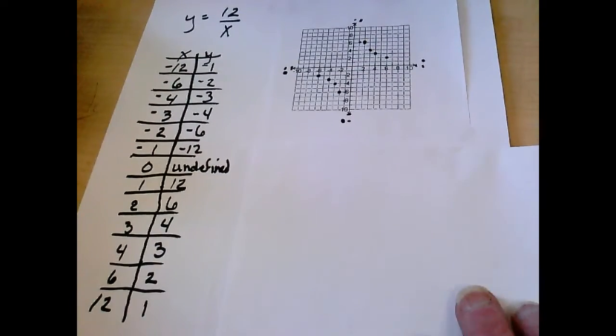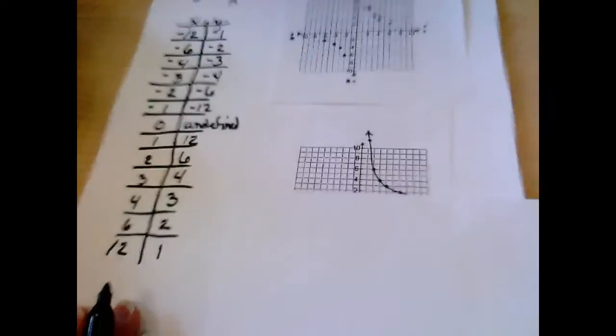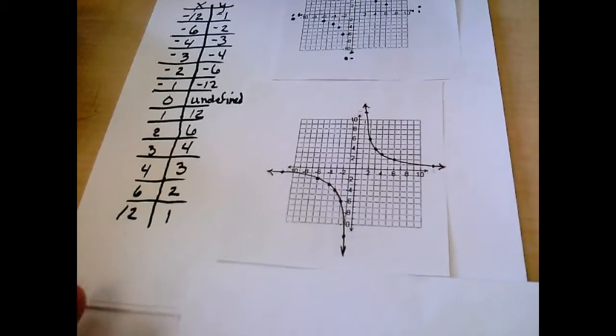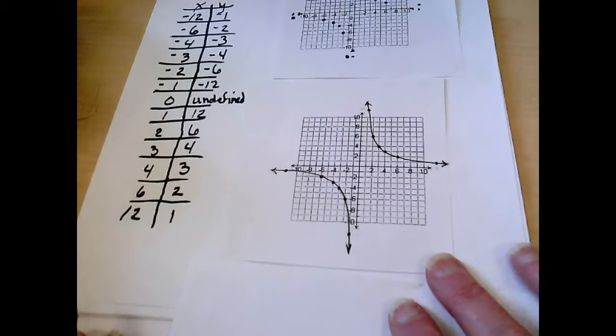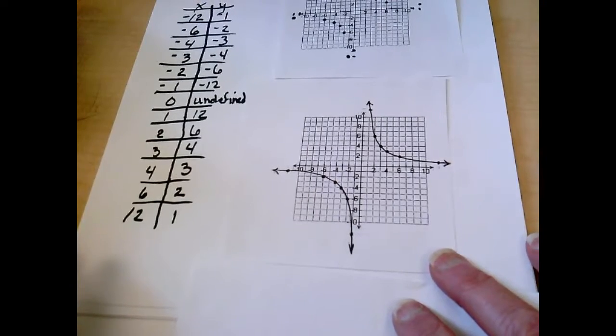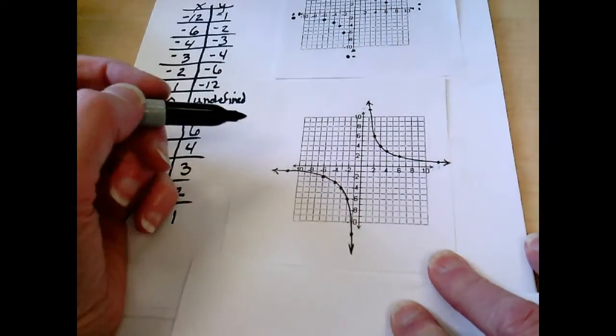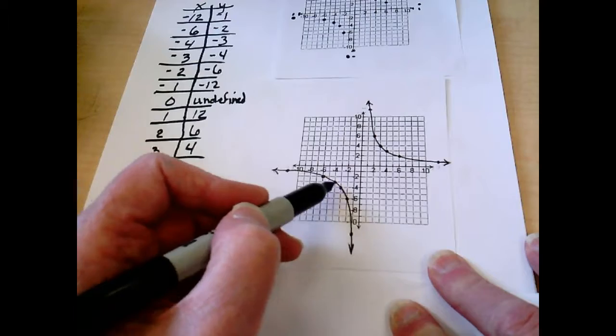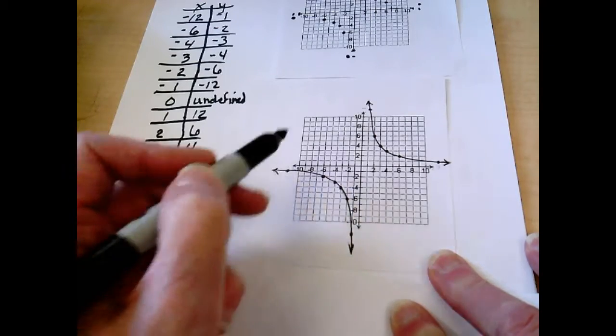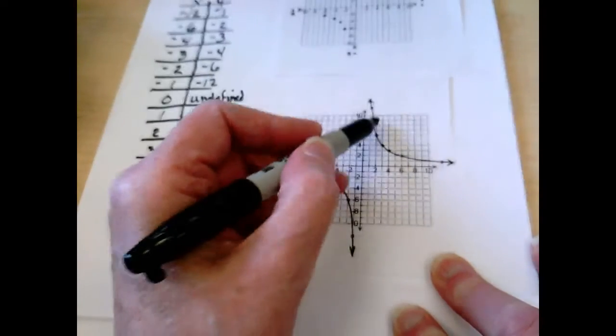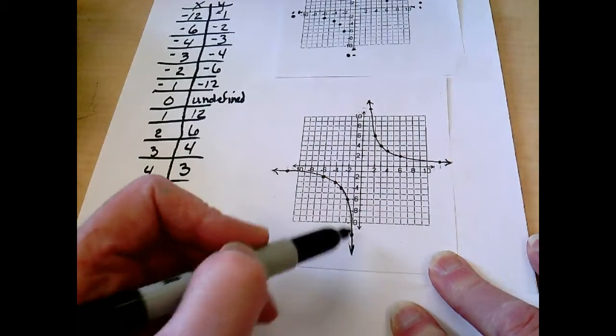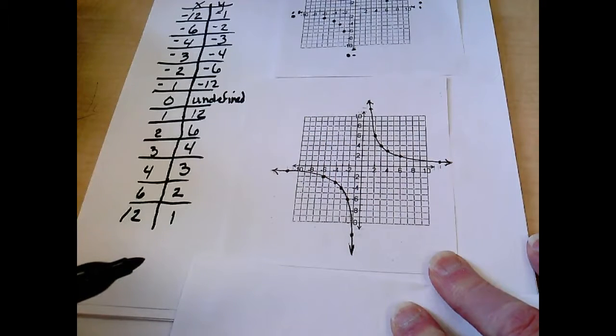When I connect the dots, it will look like this, and you have graphed the inverse variation function. Anytime your x variable is in the denominator, you're going to get two split branches, and you just need to make sure you're graphing both of them.